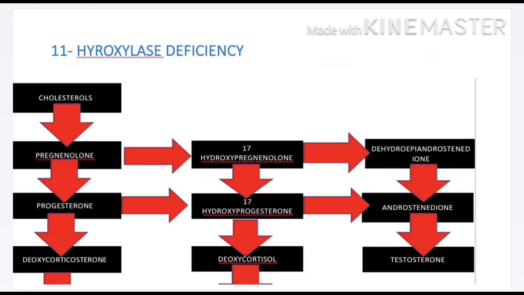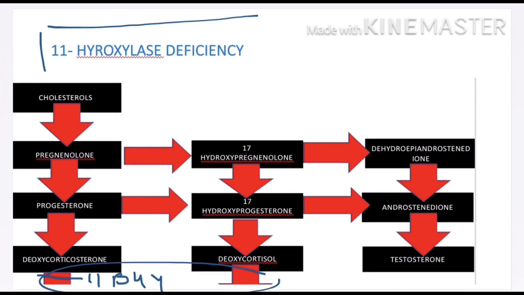Okay, now we have deficiency of 11 beta hydroxylase enzyme. Here we have 11 beta hydroxylase deficiency. So deoxycorticosterone and deoxycortisol are not converted into corticosterone and cortisol.